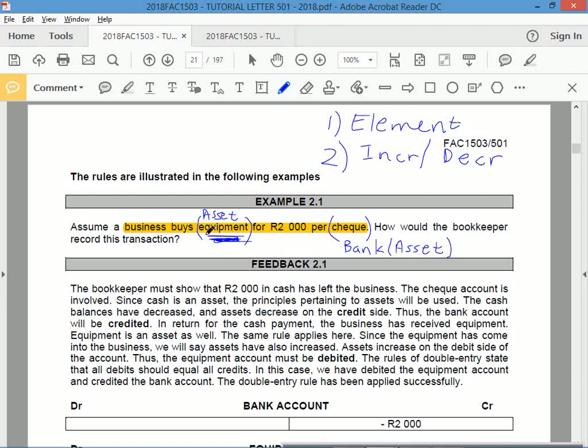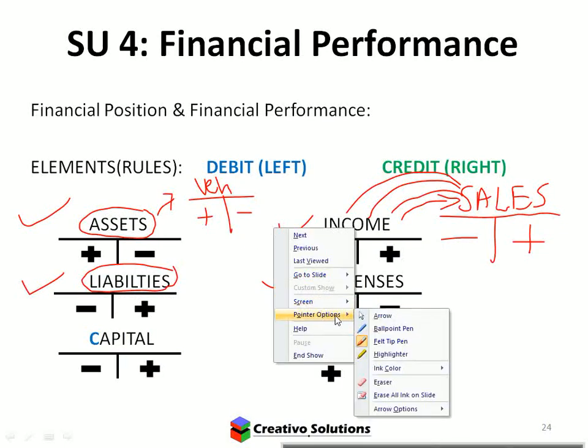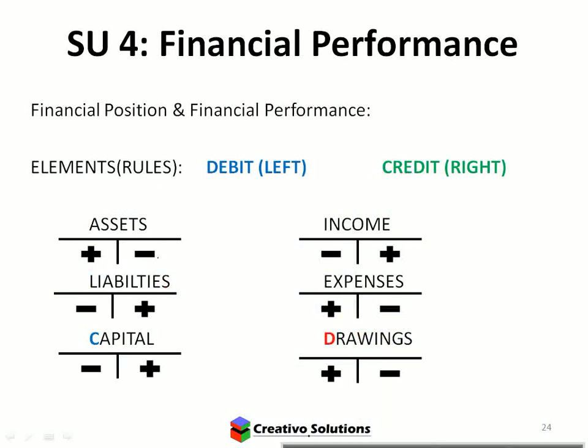Exactly. Does everyone agree that this is going to increase? Okay, now I go to the rules that I study. Okay, I don't expect you to know these. I just gave them to you today. Okay, assets increase where? There. Do you see that? Okay, is everyone happy with that?